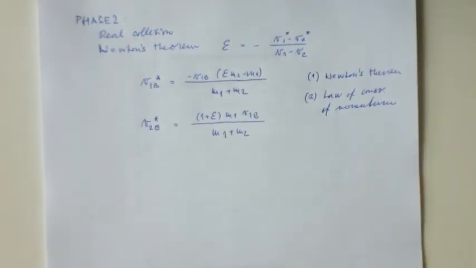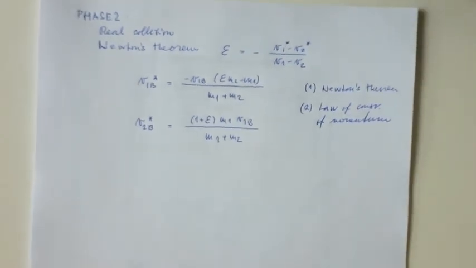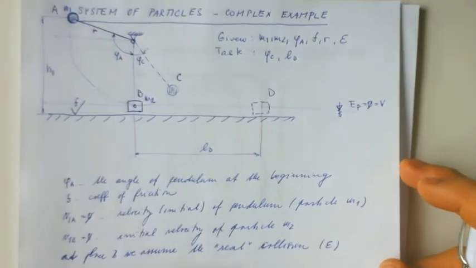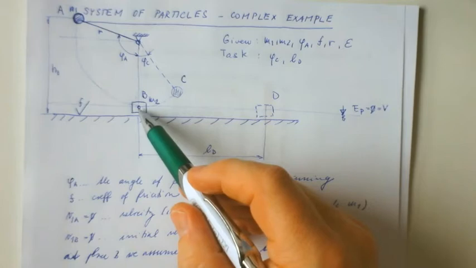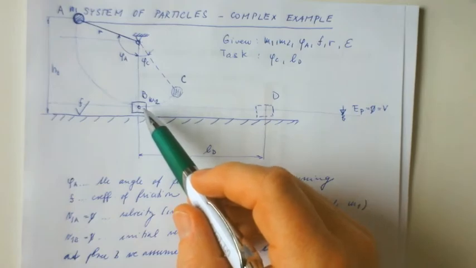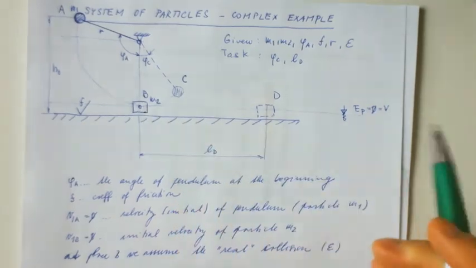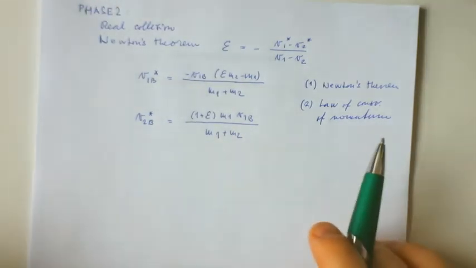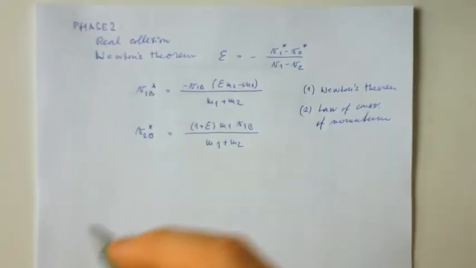So let's continue. Phase 2 is finished, and we know the output velocities from the collision: the velocity of particle 1 after collision and the velocity of particle 2 after collision. So let's go to phase 3.